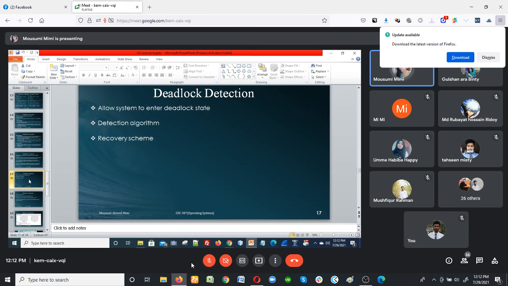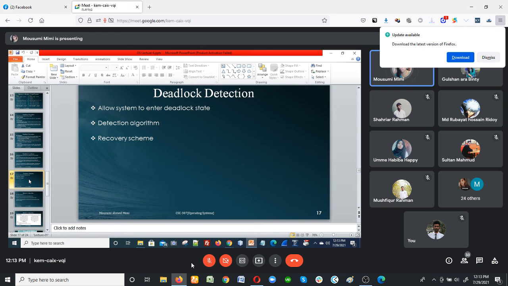So it allows the system to enter the deadlock state, and there is a detection algorithm, and there is the recovery scheme. First of all, it allows the system to enter the deadlock state.